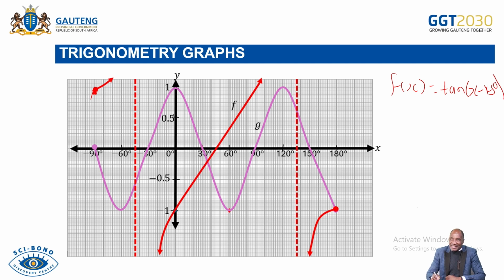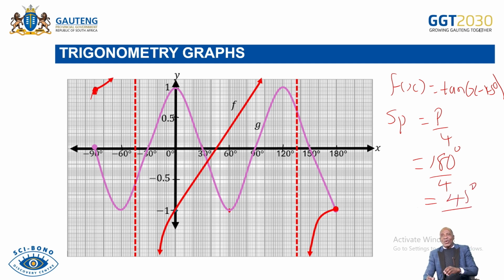If you were to space this using 45, in other words, the spacing is equal to period divided by 4, only for the tangent graph. This is going to be 180 degrees divided by 4. You are getting your 45 degrees. Meaning if we're drawing only this graph alone and not comparing it with another graph, then we were going to space it out using 45.